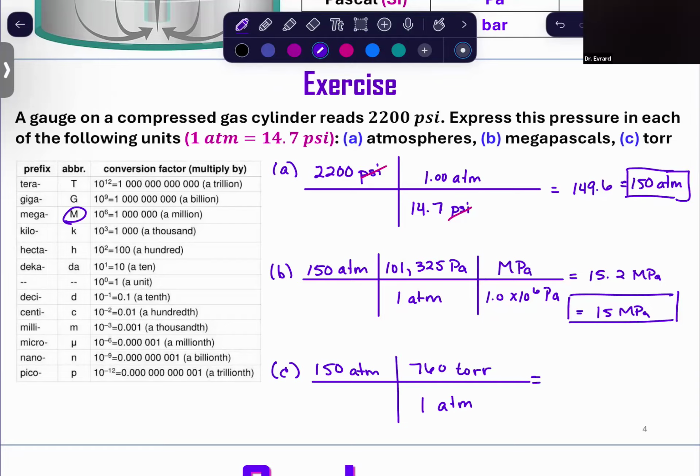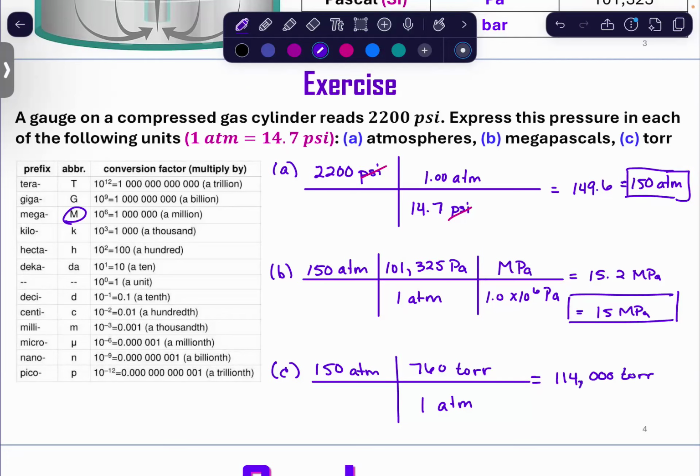And so this is going to end up giving us 114,000 torr. This is probably a place where you want to start using scientific notation. The numbers are getting kind of large. So this would be 1.14 times 10 to the fifth torr.